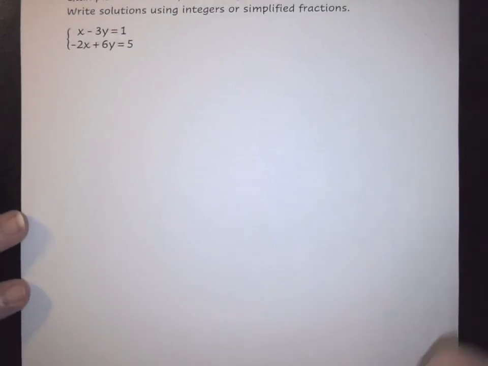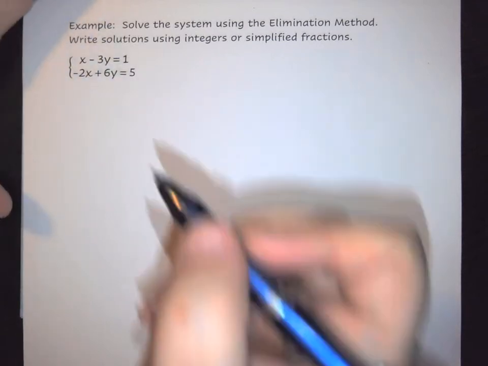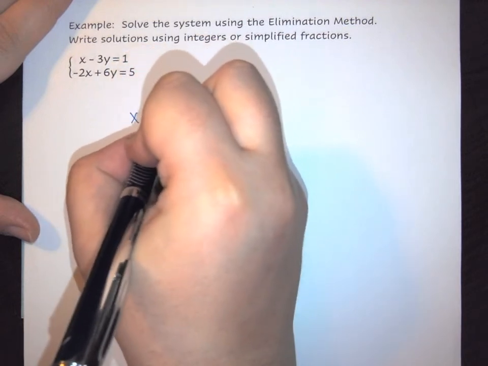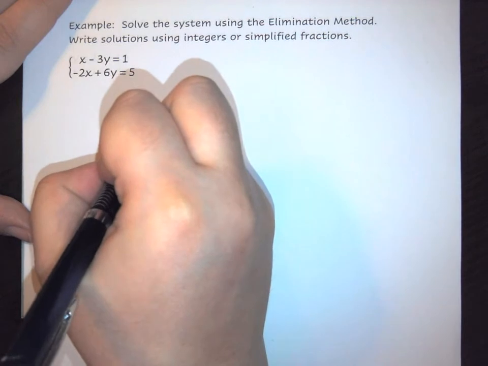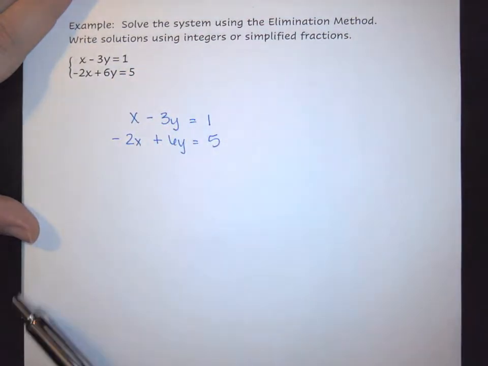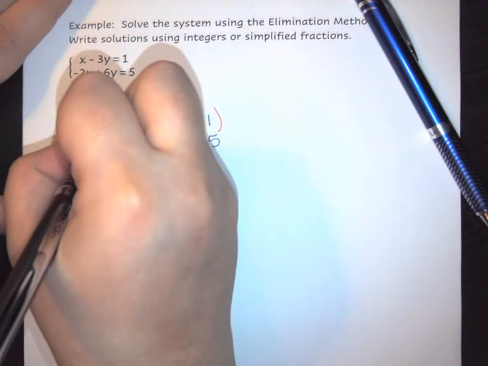Alright, let's go ahead and take a look at this one. So again, just like before, you need to choose a variable that you want to eliminate. So in this case, let's go ahead and work with our x. So here I have x minus my 3y is equal to 1, and my negative 2x plus the 6y is equal to 5. In my top equation, I have to multiply by a 2.